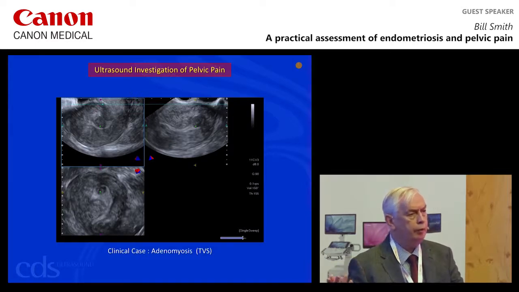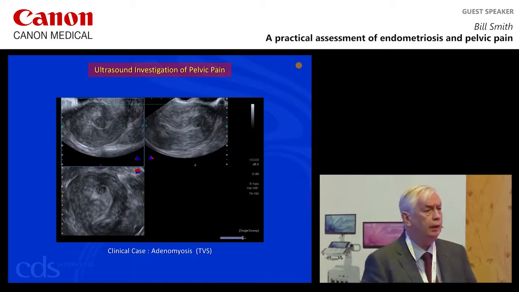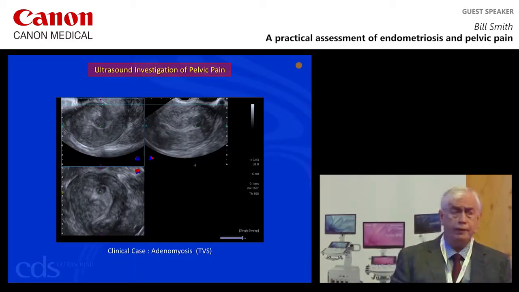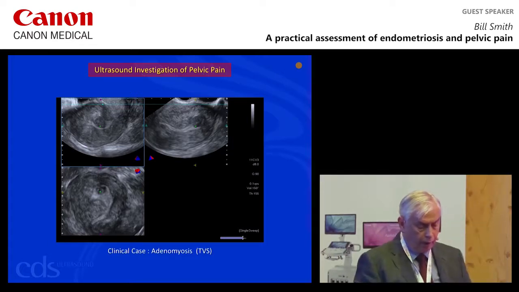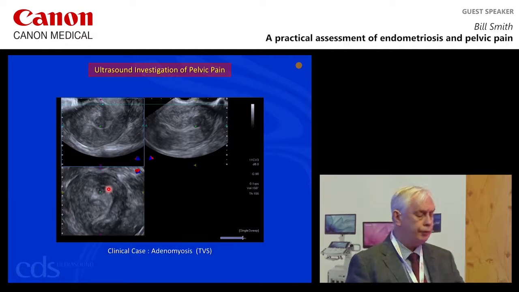And remember, we're not just dealing with pelvic pain here. We're dealing with infertility. We're dealing with recurrent miscarriage. But certainly the 3D gives us a far better idea of what's happening in the uterus relative to those changes.